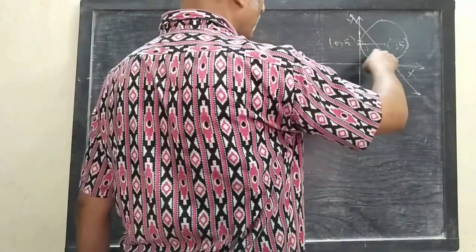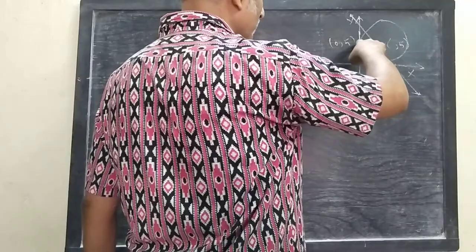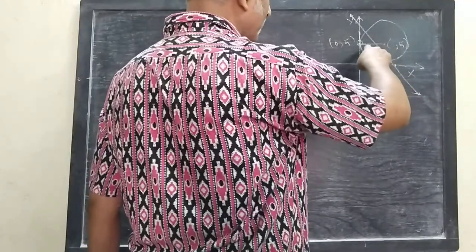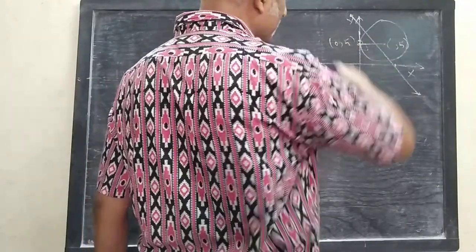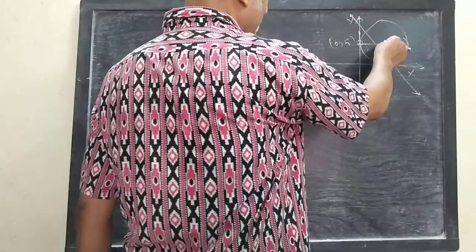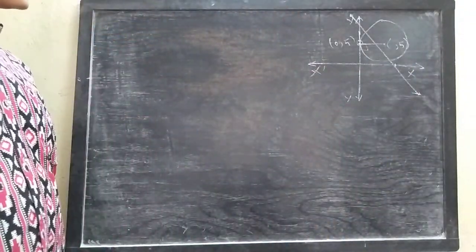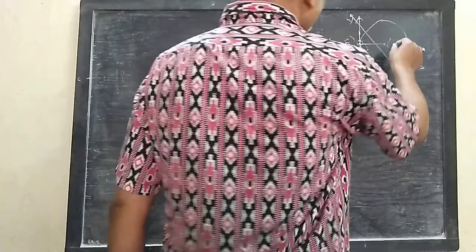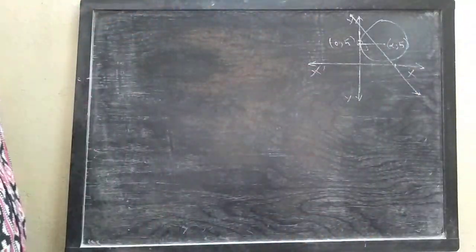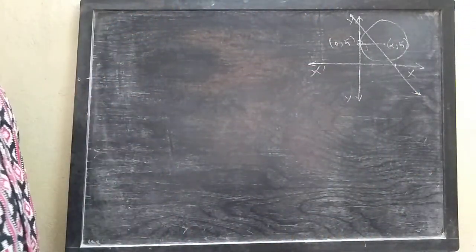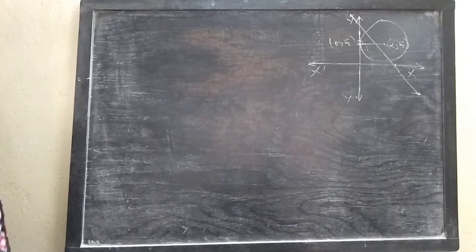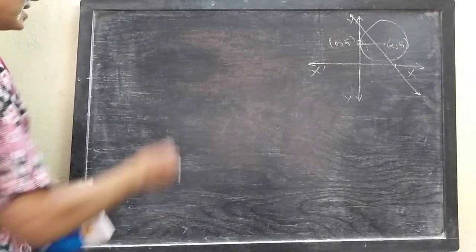This is perpendicular. So the center must lie on this line, and you know the equation of this line is y equals 5. As the center lies on this line, its ordinate must be 5. So let us consider the abscissa as alpha. Then the coordinates of the center will be (alpha, 5).